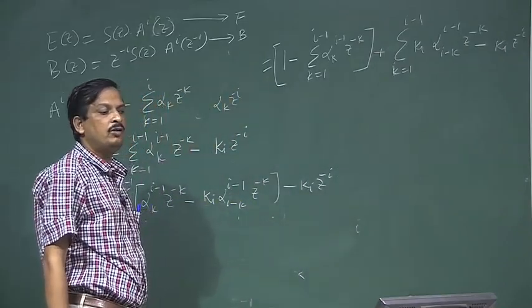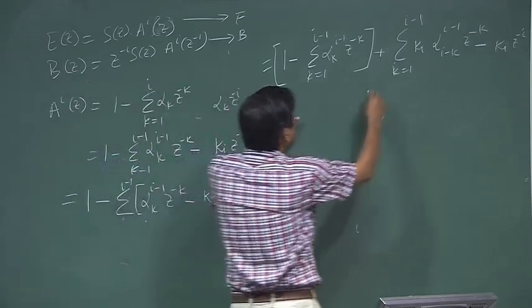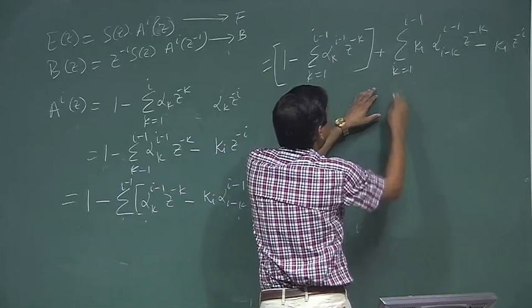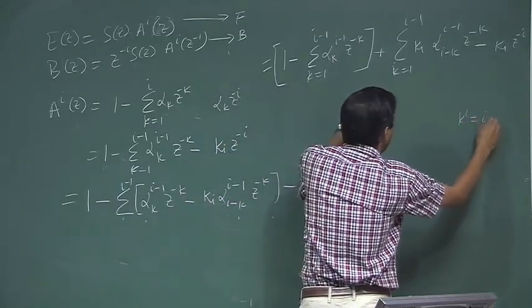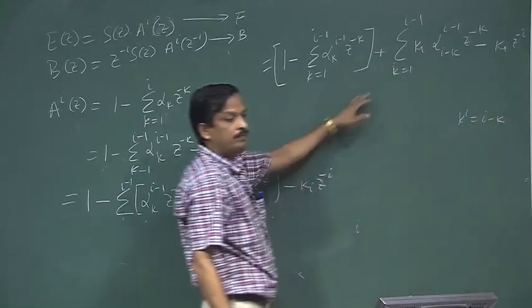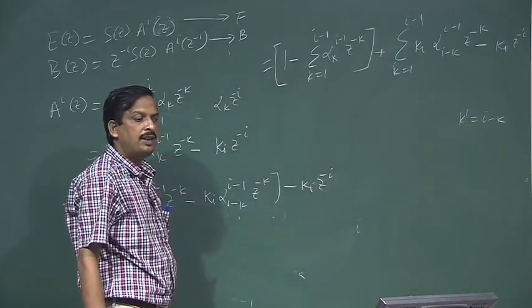Now, if I say that k dash is equal to i minus k, k dash is equal to i minus k.